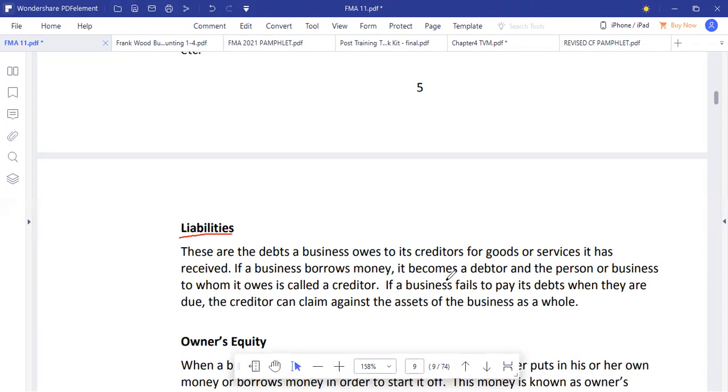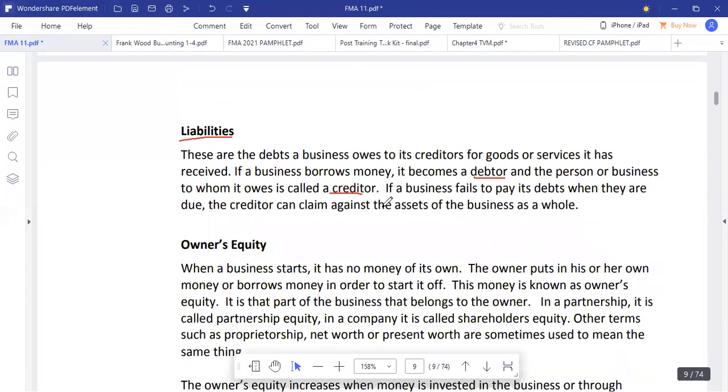And the person or business to whom we borrowed money is called a creditor. So if a business fails to pay its debts when they are due, the creditor can claim against the assets of the business as a whole. So there are two key terms we've talked about. We have a debtor, the person who owes us money, and a creditor, the person we owe money.